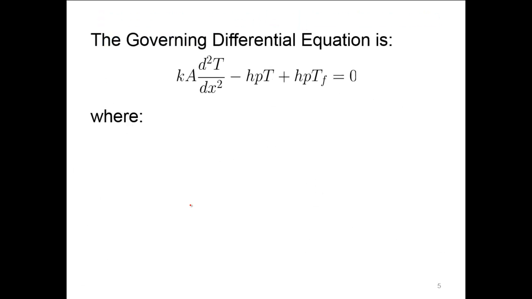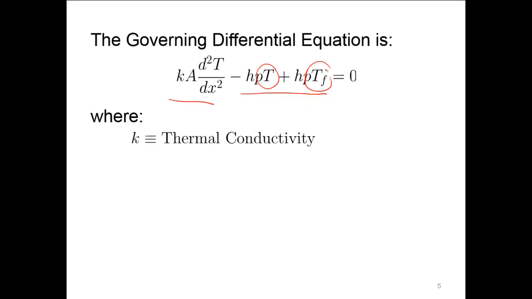So the governing differential equation that we have for this is this. We have conduction happening here, and we have the overall convection happening between the temperature on our fin and the temperature of the fluid that surrounds it. K is our thermal conductivity. A is the cross-sectional area in the direction of conduction, so it changes as you move down the fin.